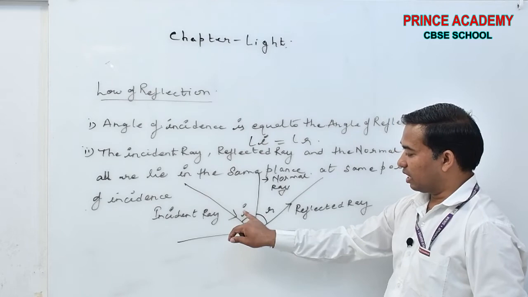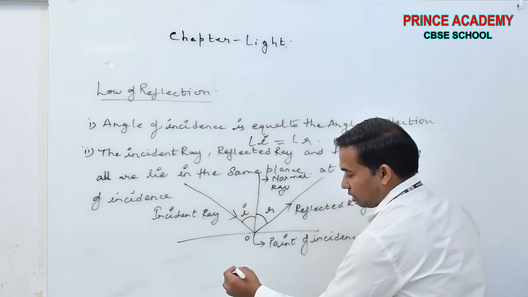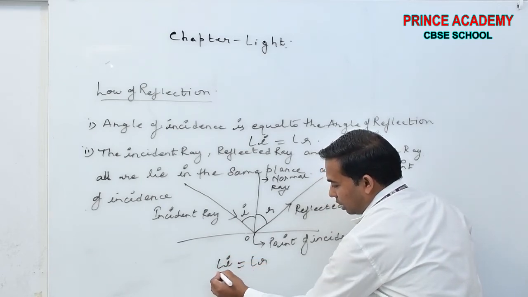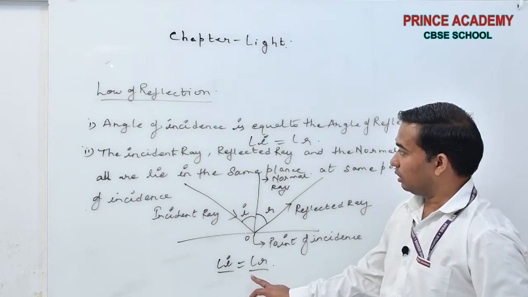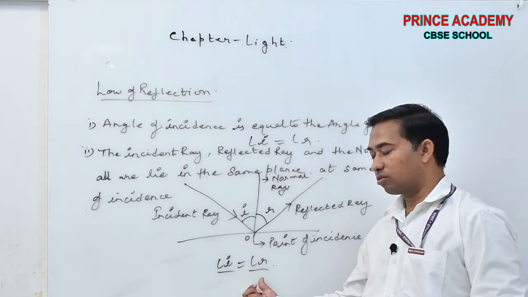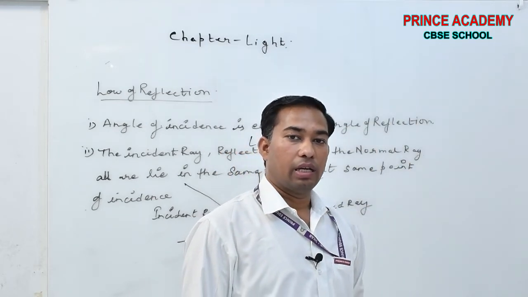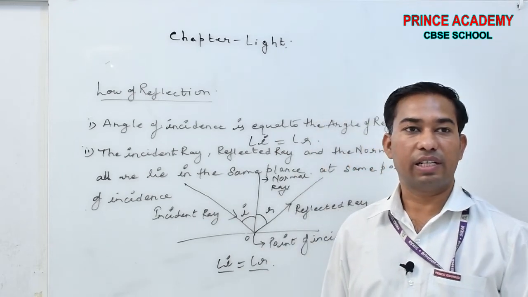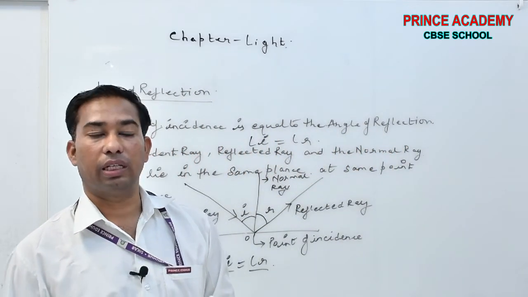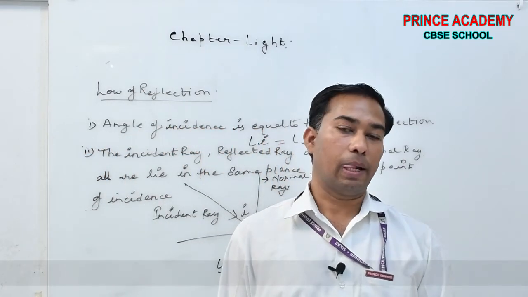According to the law of reflection, the angle of incidence and angle of reflection are the same, angle i equals angle r. This law of reflection is applied on a smooth surface, and the same is applied for an irregular surface, where the angle of incidence is equal to the angle of reflection. Irregular reflection depends on the nature of the surface.